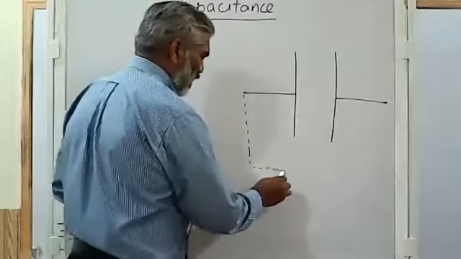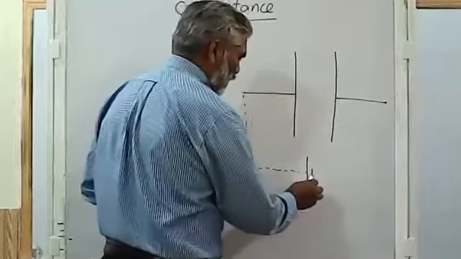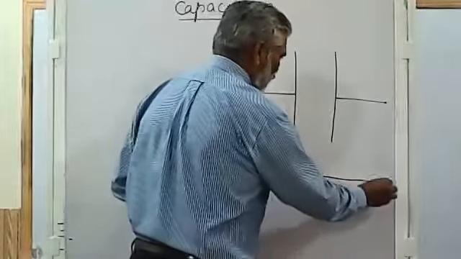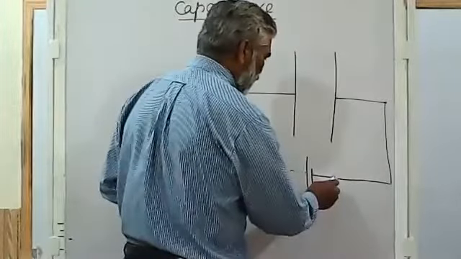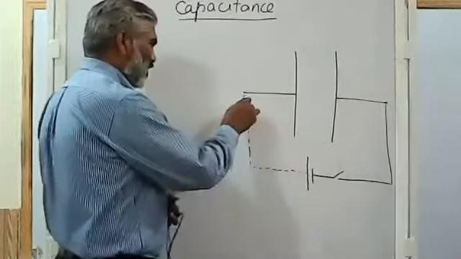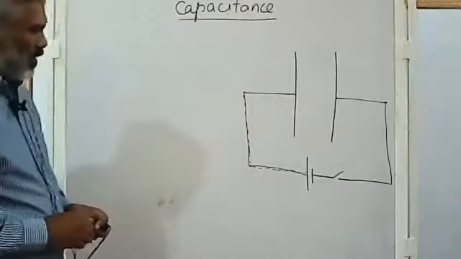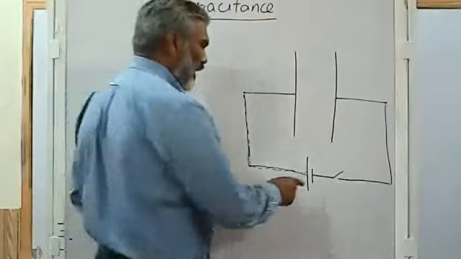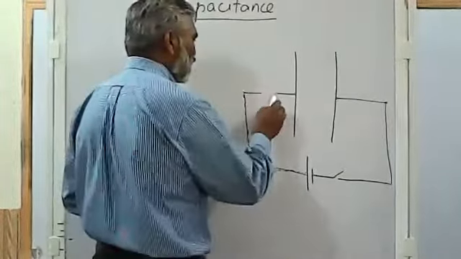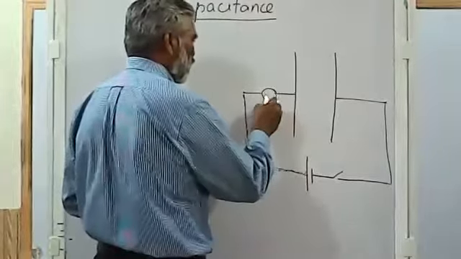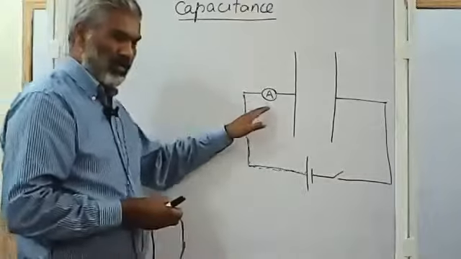which simply means that we connect it to the two terminals of a battery in this manner, like this. We have a switch here. I am ignoring any resistance connected for the sake of simplicity. When I close this switch, there is some current noticed in the ammeter.